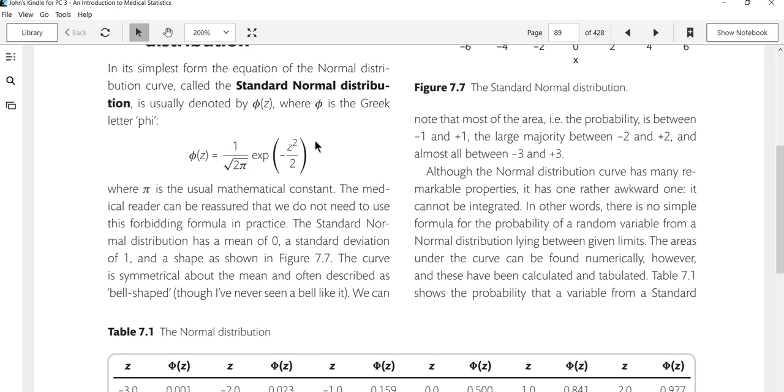So the two parameters in a normal distribution are the mean and the variance. It's squared, so you would get out of this the mean squared and the standard deviation squared, which is the variance.